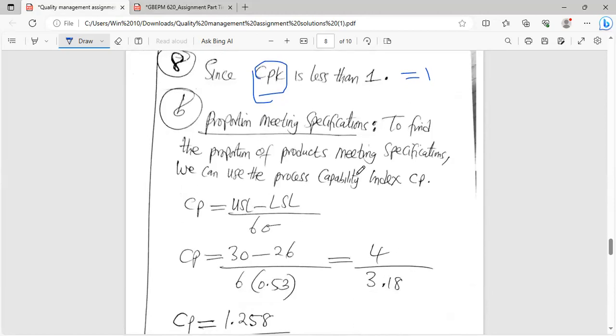proportion meeting specification. To find the proportion of products meeting specifications, we use the process capability index, the CP. CP is the upper specification minus lower specification over 6 sigma.